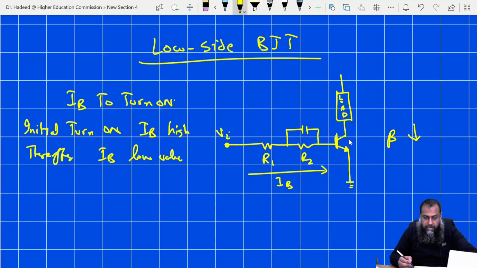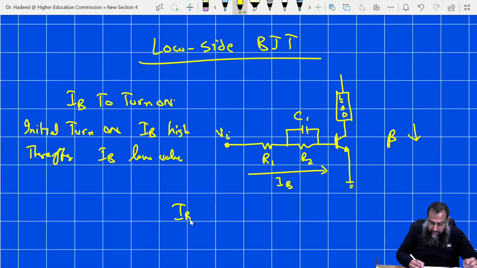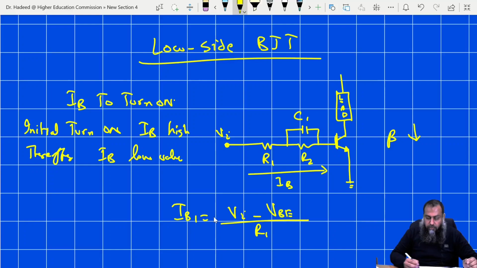Now you can see that initially this capacitor C1 is discharged, and therefore the initial current which will flow through this capacitor shall have this R2 shorted by C1, and therefore the current IB1 will become equal to V input minus VBE divided by the resistance R1 only, and therefore for the first part of the switching scheme, a higher current is supplied by this circuit to this BJT, and therefore it will quickly turn itself on.